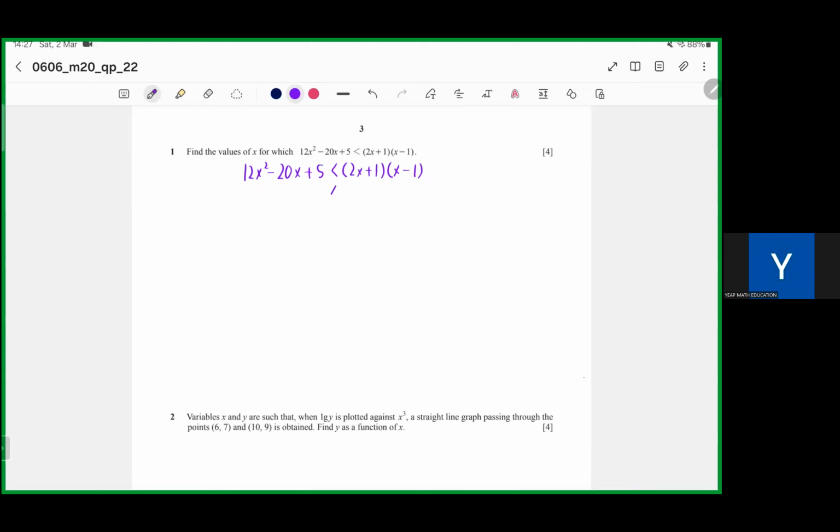So we will get 2x squared minus 2x plus x minus 1. Now we just copy back 12x squared minus 20x plus 5. Here we get 2x squared minus x minus 1. So here we get 10x squared minus 19x plus 6.